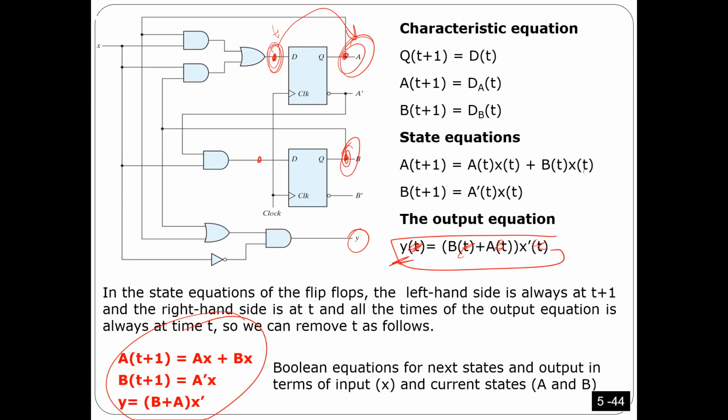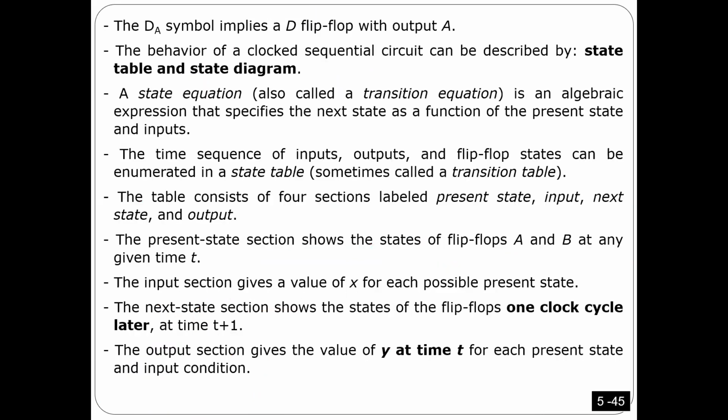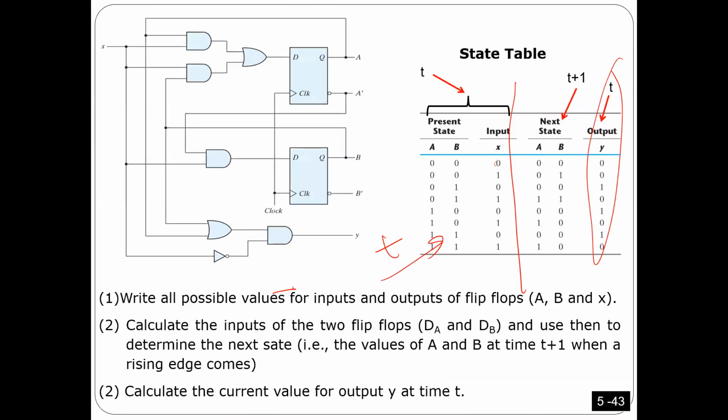So here y is equal to (A or B) and X prime. That's what I'm going to do for every record. For every row, y is equal to X prime and (A or B). I have A, I have B, I have X prime. I'm going to calculate the value of y for every record based on this equation. Makes sense? So if this is the current A, current B, current X, then this is the current Y, or the present Y, before the clock comes.